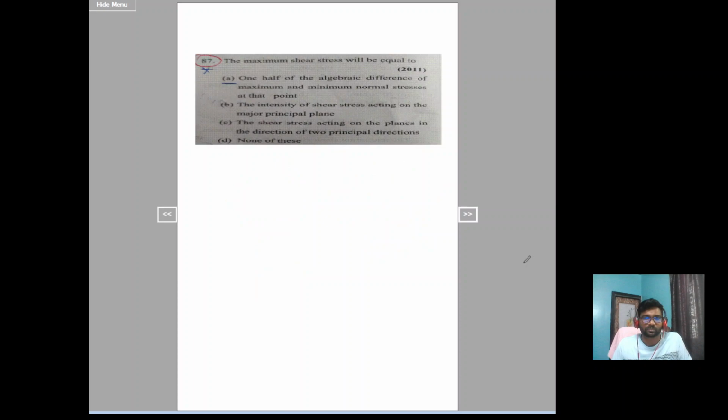Sigma major is sigma and sigma minor is sigma, so you will get 0. So the Mohr circle has center sigma comma 0 and radius 0, which is nothing but a point. So option D is correct.